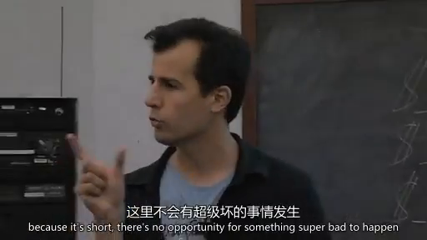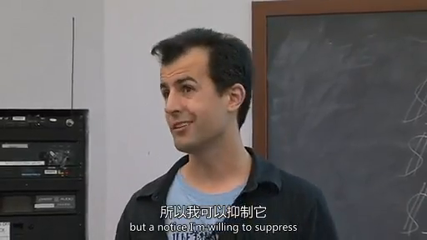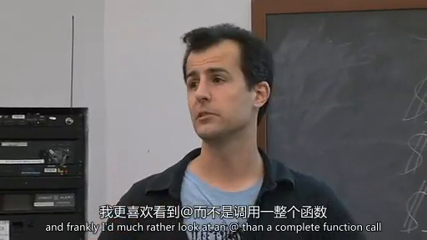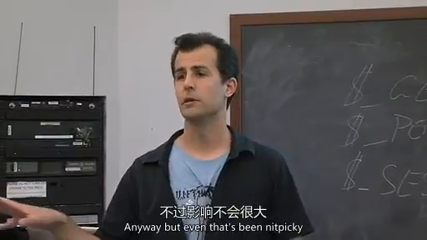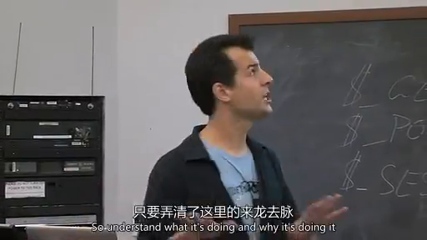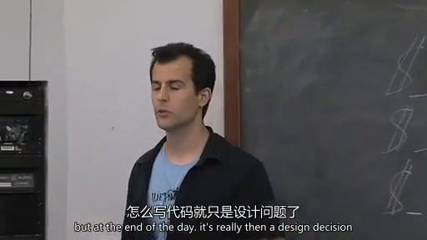I know I can't get an error from this line because it's so short. There's no opportunity for something super bad to happen. But a notice I'm willing to suppress. And frankly, I'd much rather look at an @ sign than a complete function call, which itself would have some performance hit anyway. But even that's being very nitpicky. So understand what it's doing and why it's doing it. But at the end of the day, it's really a design decision.